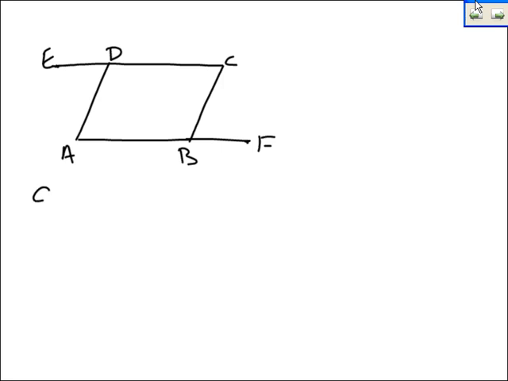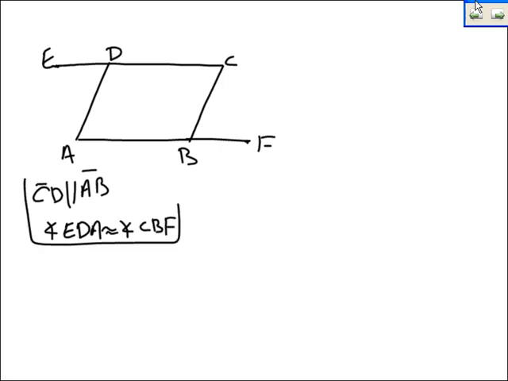We are given that CD is parallel to AB, and that angle EDA is congruent to angle CBF. Okay, that's given. We want to prove that ABCD is a parallelogram.